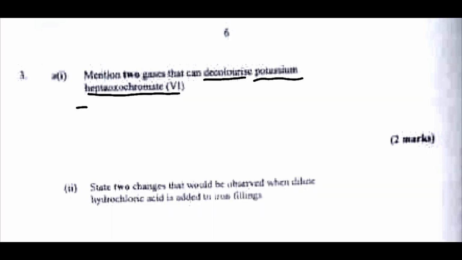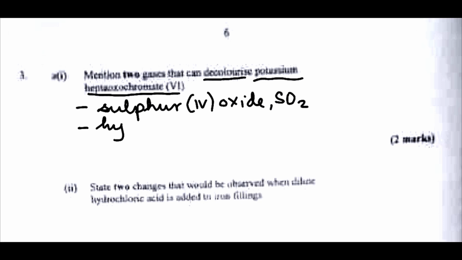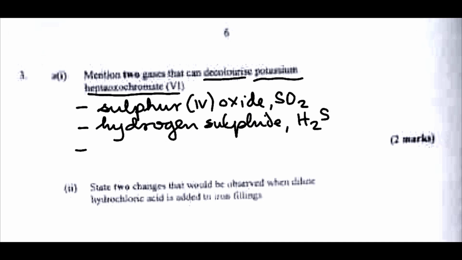So, 2 gases that can react with potassium heptaoxodichromate(VI): sulfur(IV) oxide, that's SO2, hydrogen sulfide, ethene, ethane.